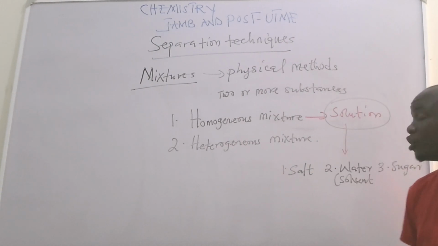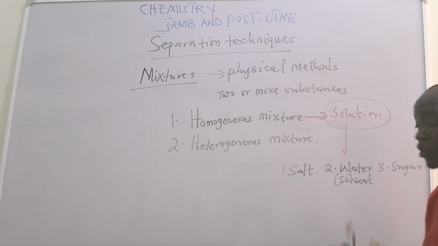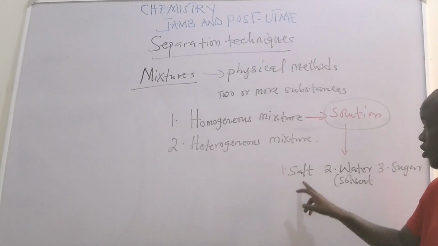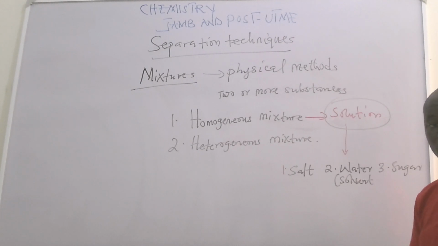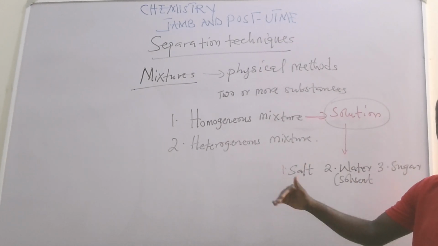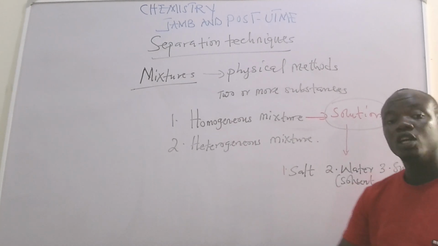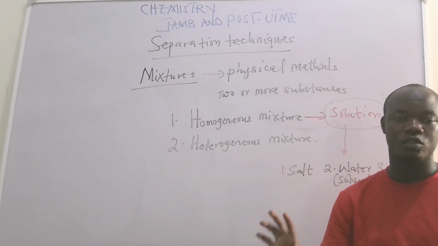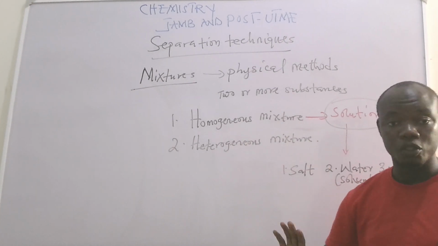In this solution, you cannot identify the components of it. You cannot clearly see the salt or the sugar because they have all mixed together to give one single phase. So a homogeneous mixture is a type of mixture in which the components cannot be seen with the naked eyes.